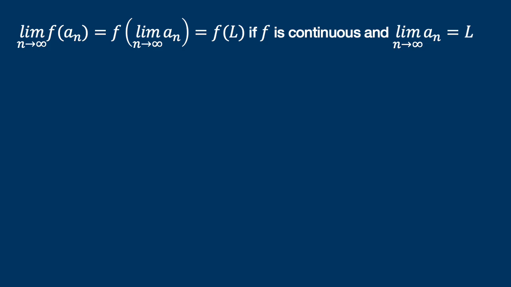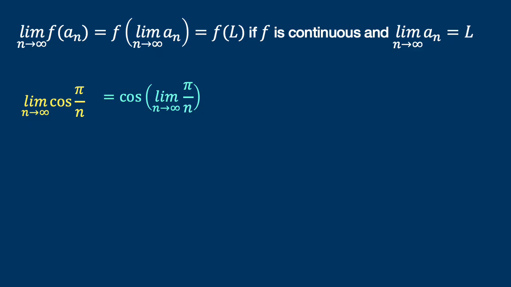Let's have the first example, guys. I want to find the limit of cosine of pi over n. The cosine function is continuous, so this limit passes inside the function. Meaning it is cosine of the limit as n approaches infinity of pi over n.